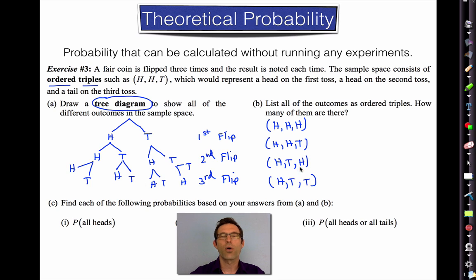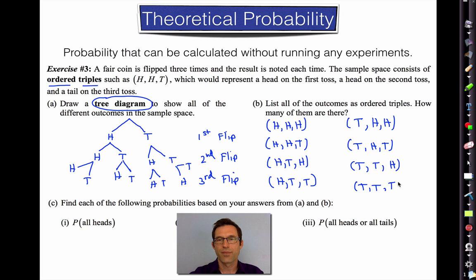By the way, those 4 are all of them where I got a head on the first throw. Then I could go with the ones where I got a tail on the first throw. So I could have gotten tail, head, head. Or tail, head, tail. Or tail, tail, head. Or tail, tail, tail.